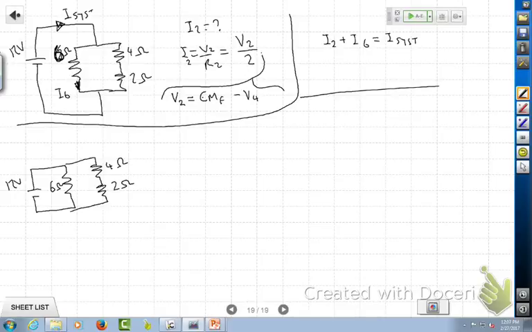So what we do is we say, okay, look at this. My current flow here, let's call it I, is equal to I2. Does that make sense? The current flow through this little resistor is the same as the current flowing into this arm. Yeah?